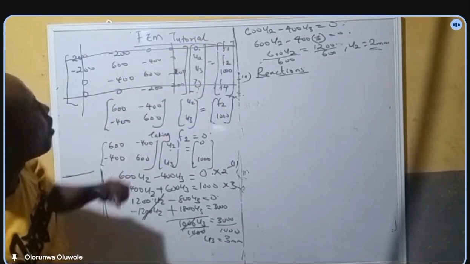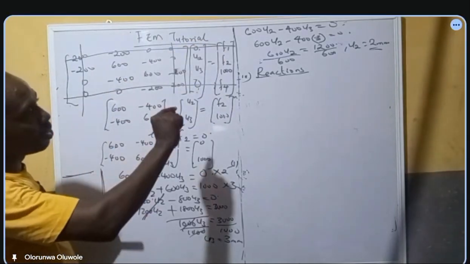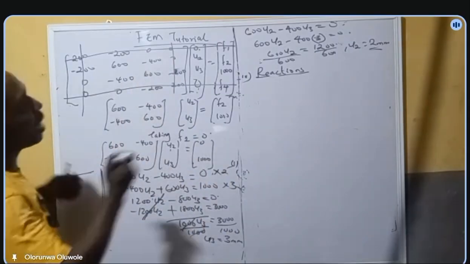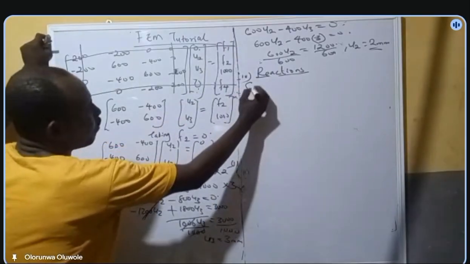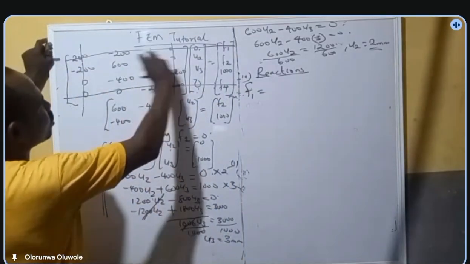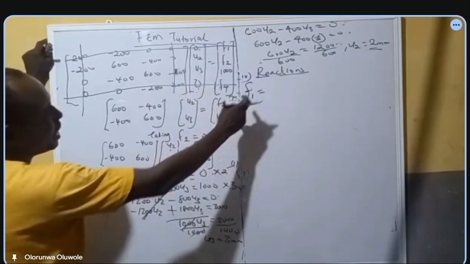So we use the multiplication method, just the way you multiply. Remember that if I want to get my F1, it will be the multiplication of the first row and the column. The first row and the column will give me F1.